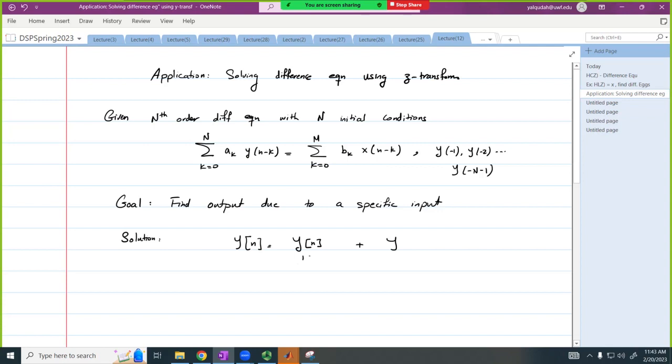We're going to get an output when the initial conditions are equal to 0. What is this output going to be due to? The input. What is the second output going to be due to? Initial conditions.